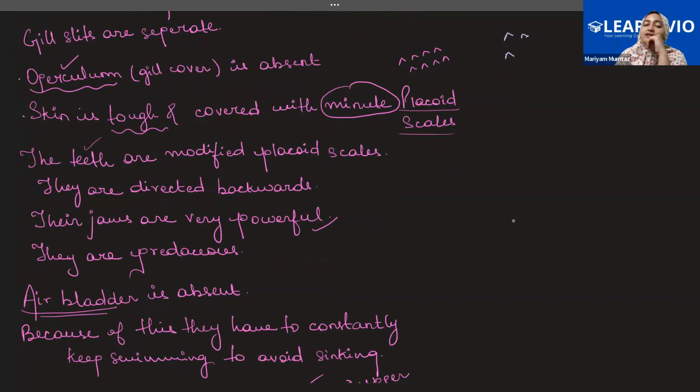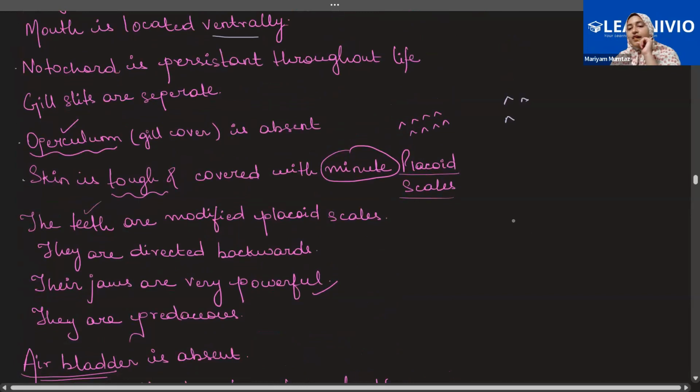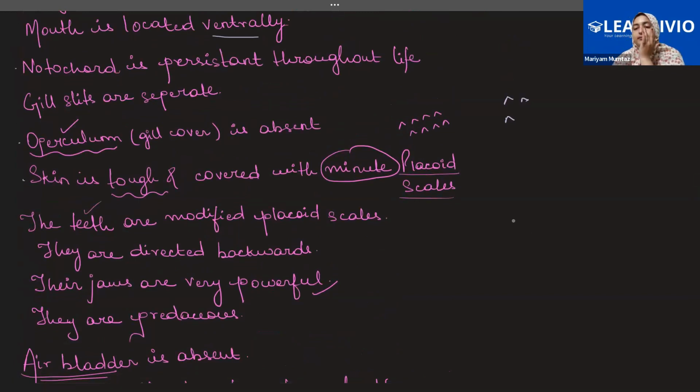The air bladder is absent in them. What do you think is the function of the air bladder, students? Air bladder and its functions. Like when we float in the water, the air bladders help them not to sink.